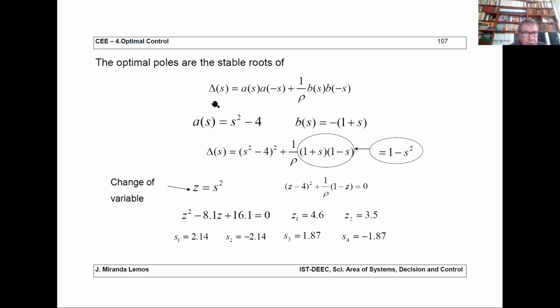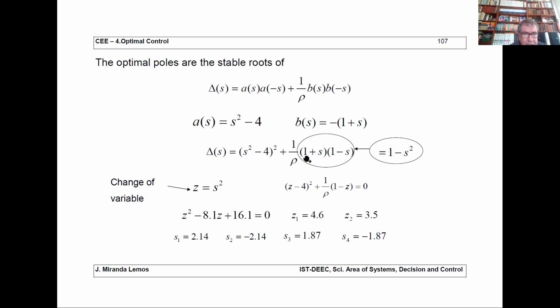So let's form polynomial delta of s, okay, with this a and this b. So a of s, a of minus s is nothing more than s squared minus 4, and then minus s squared is s squared. So I can merely get the power 2 of a of s plus 1 divided by rho, and I know that rho is 10, but I keep it here.